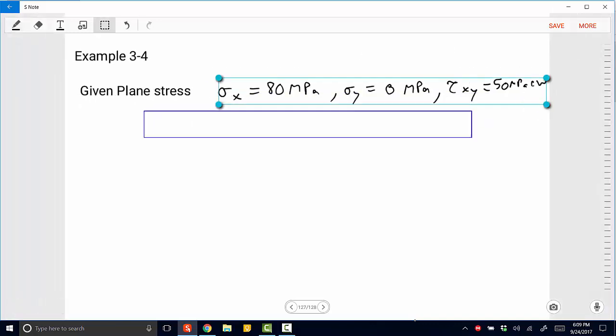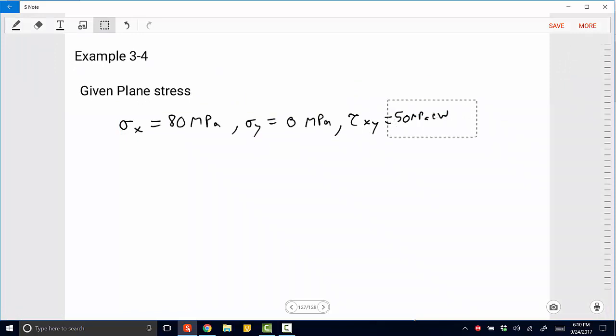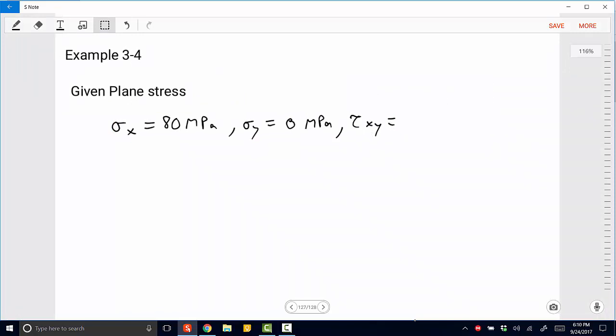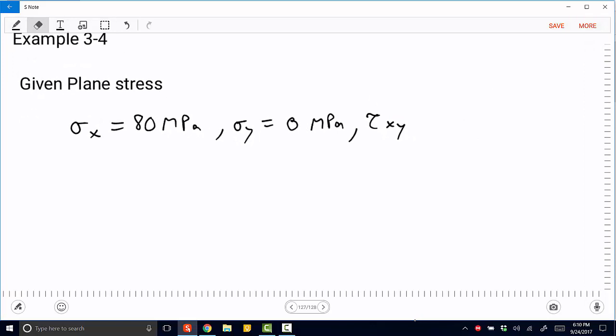Let's move this down, and clean this up so we can look at it a little better here. So the tau xy is 50 megapascal clockwise.